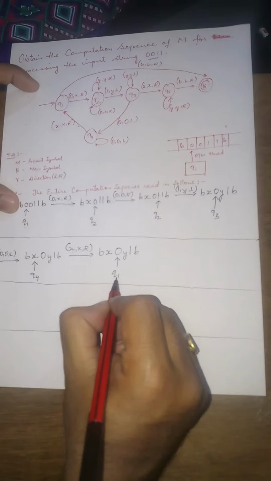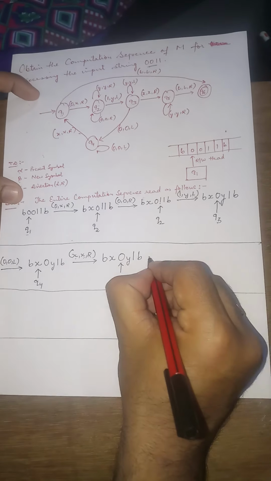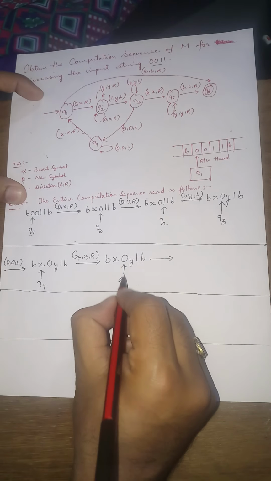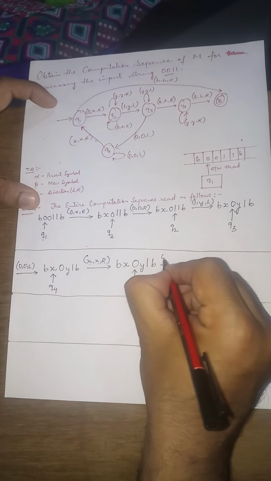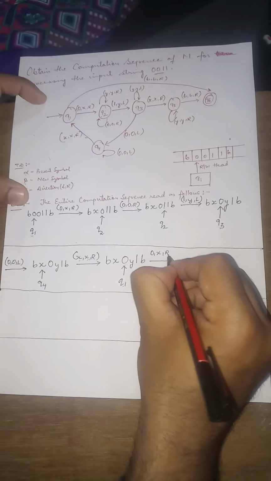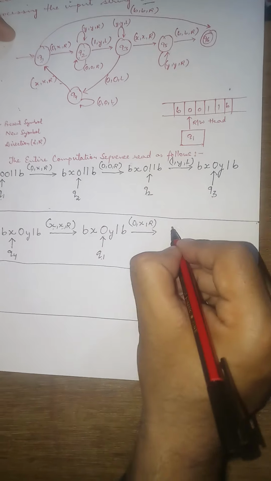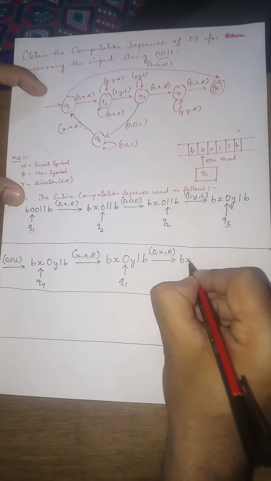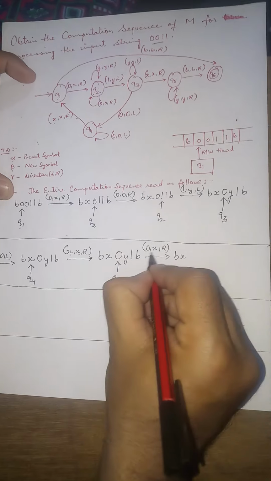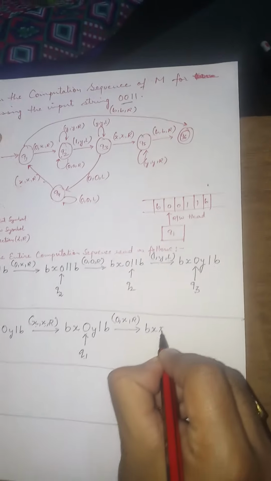Next you need to check q1 upon the processing of 0. q1 upon the processing of 0 goes by 0 x R. It means 0 will be replaced with x.